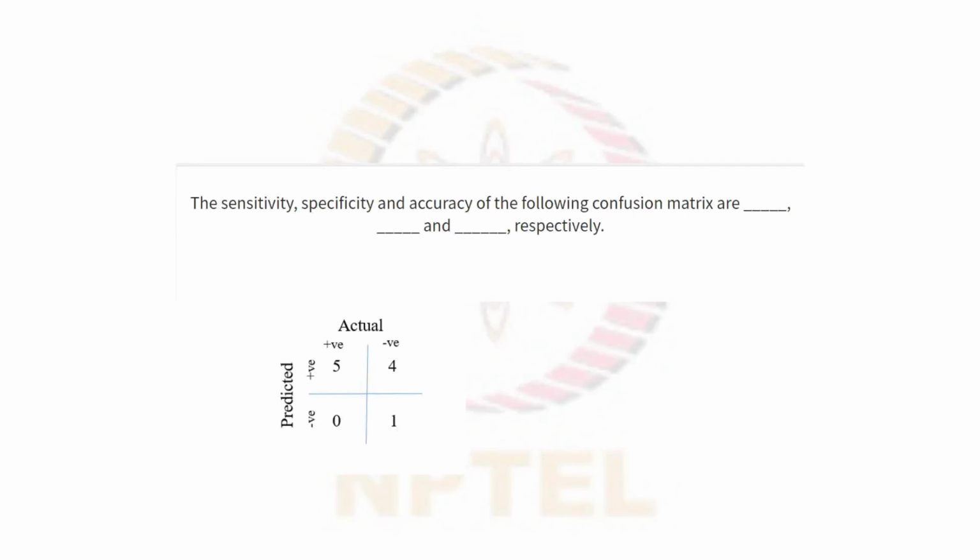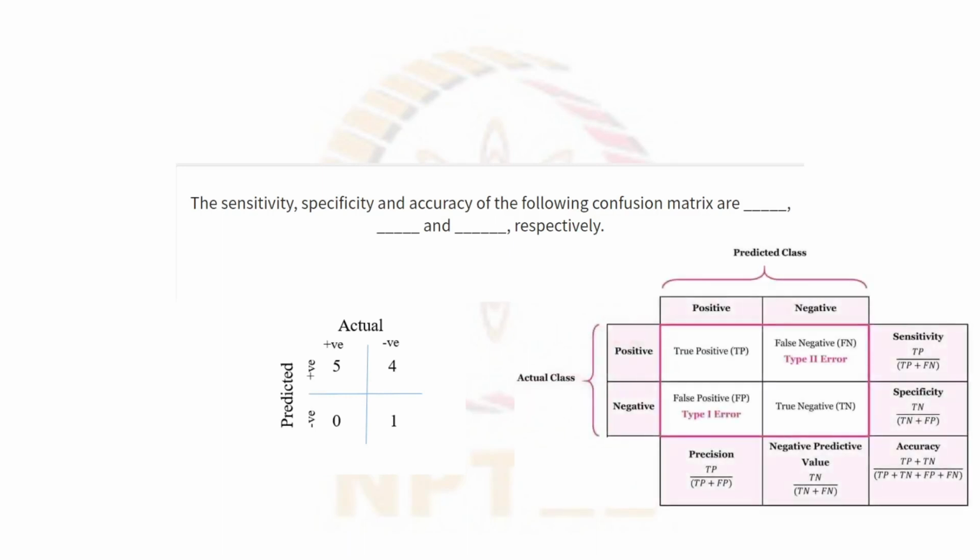Given the confusion matrix, try to calculate the sensitivity, specificity and accuracy. Here I am giving formulas, but make sure you remember the calculation formulas of these.